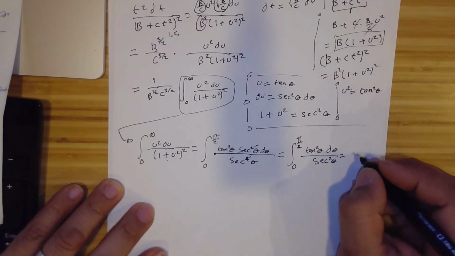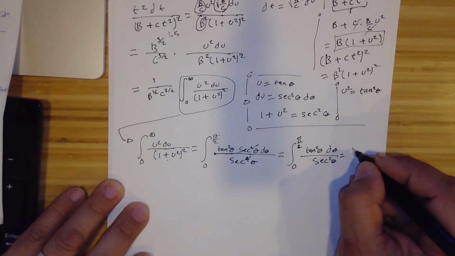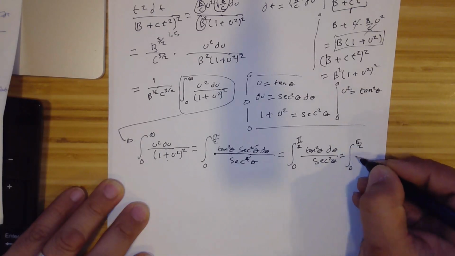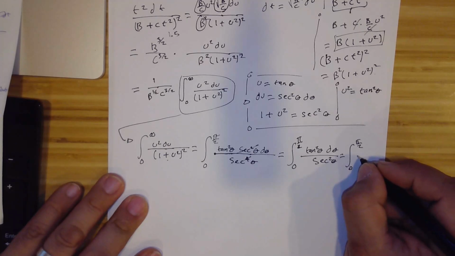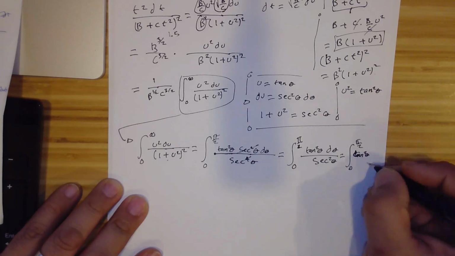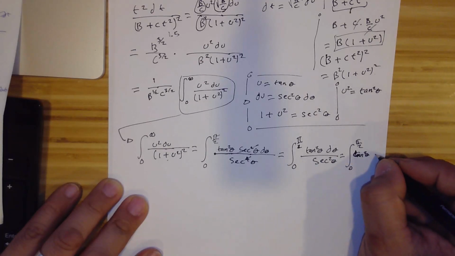And this is the same as the integral from 0 to pi over 2 of tangent squared of theta, and the second is the inverse of the cosine, so you see cosine squared of theta.